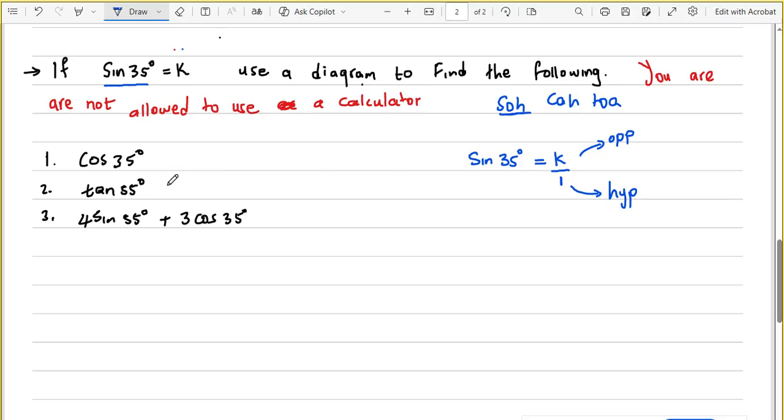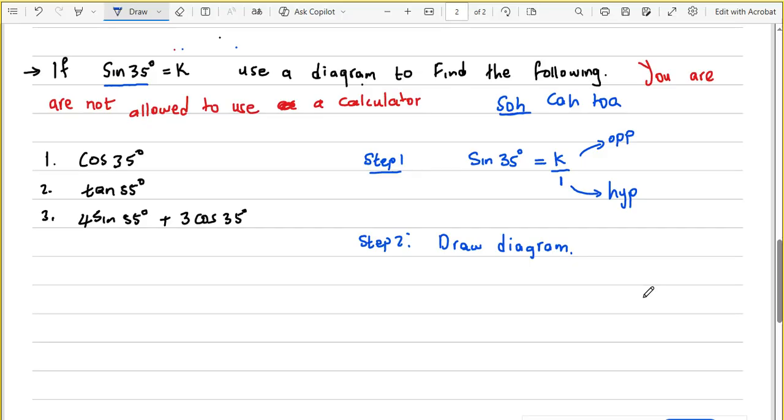Yes. Then, step number 2, you need to draw the diagram. So this is step 1, okay? And then step 2, you need to draw the diagram. There's nothing you can do without the diagram.